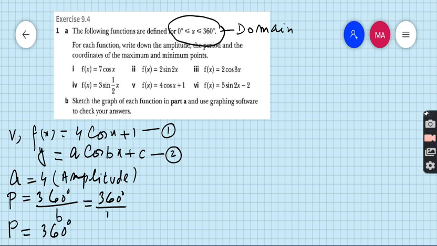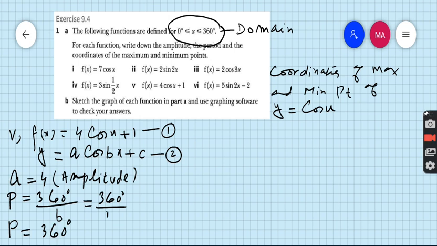The next step is to find the coordinates of the maximum and minimum points. It's very easy. First we have to write the coordinates of the maximum and minimum points of y is equal to cos x, which is the standard trigonometric function.